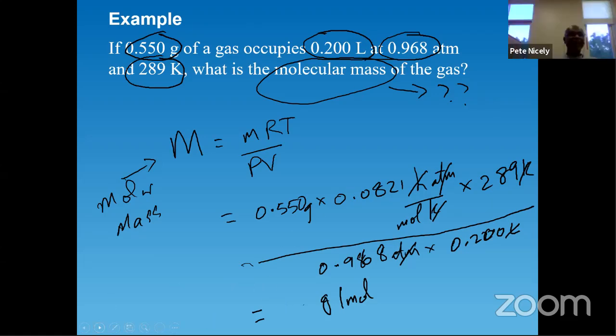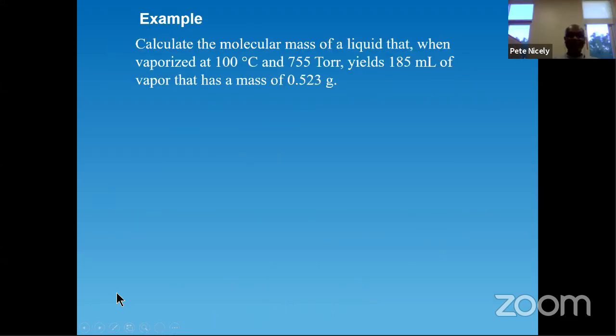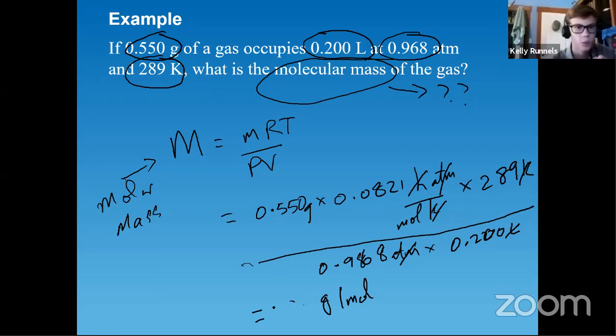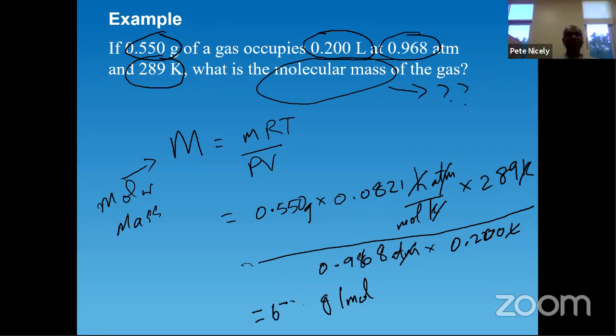So the answer is 67.4. Now please note this is the molar mass, but the question is asking for the molecular mass, right? The molar mass is the same numerically as the molecular mass, but the difference is that the molecular mass is expressed in AMU.